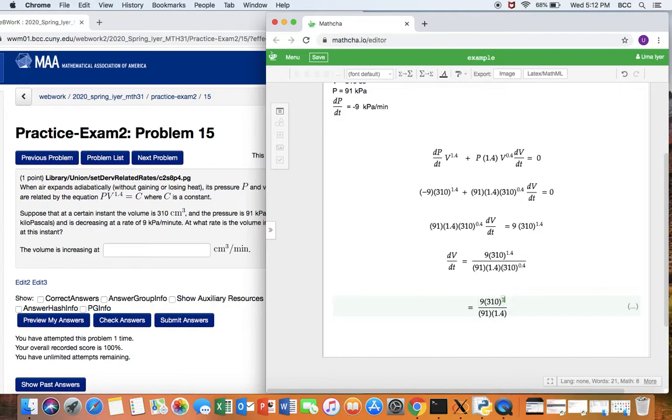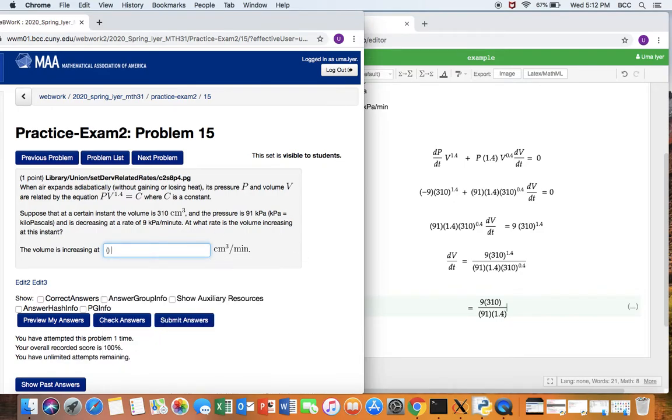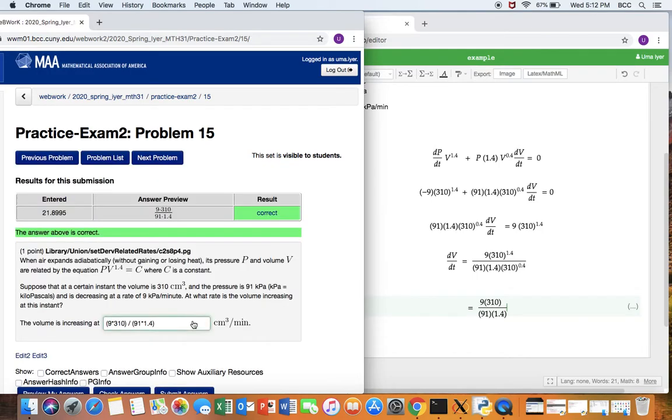So I don't need to write that one. So that's it. So let me write down the expression. Notice, whenever I have a quotient I need to fit in, it's easier to start by numerator divided by denominator. So I will say 9 times 310 over 91 times 1.4. Now let's try. It worked. All right. See you until the next problem.